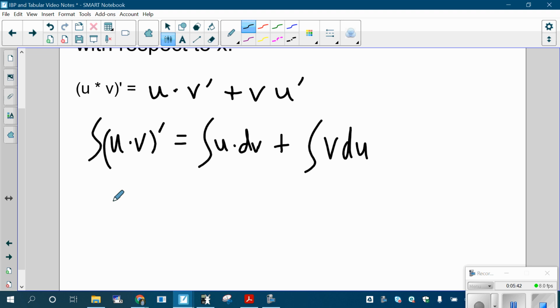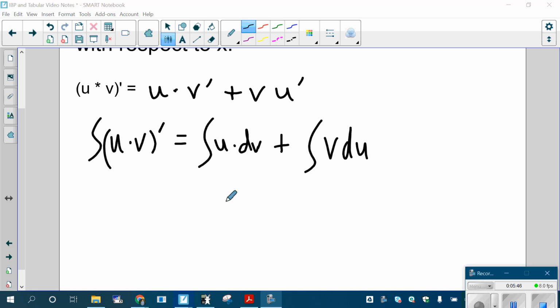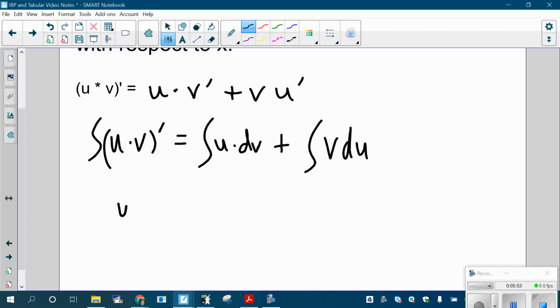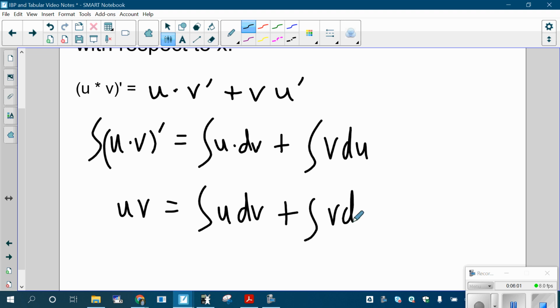You with me so far? The antiderivative of the derivative of u times v is just uv. And I'm left with this statement. I know this looks confusing, but just stick with me and this will all make sense once you start seeing some problems.